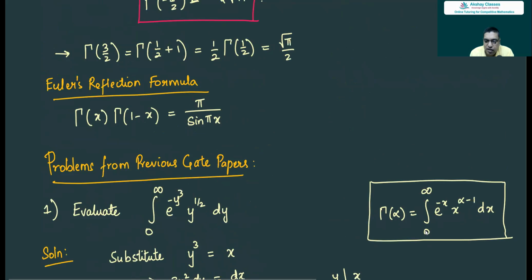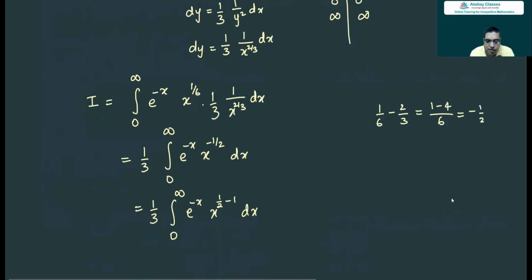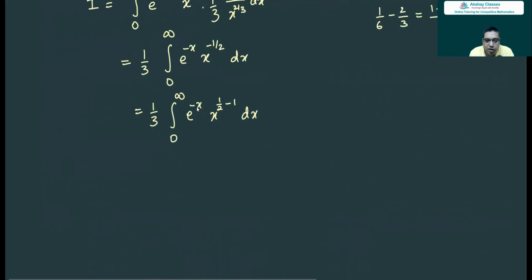Now you look at this integral 0 to infinity e power minus x, x to the power alpha minus 1, correct? What is this? It is gamma of half. This integral is gamma of half. So this integral value is under root pi upon 3.